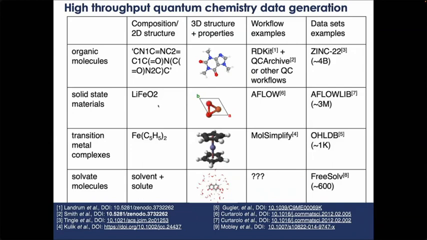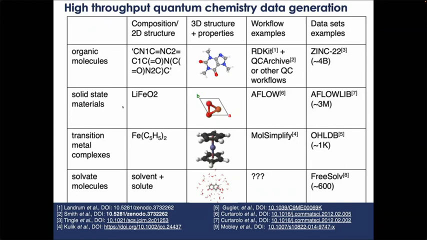Usually, regardless of the differences in the types of systems, these workflows focus on taking the input, which is usually simple information about the molecule, like composition or 2D structure, and converting that to 3D structures, and further performing quantum chemistry calculations and getting the quantum chemistry calculated properties. And in this way, we can make large data sets very effectively.